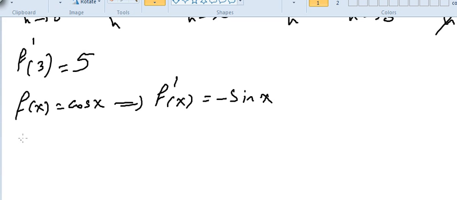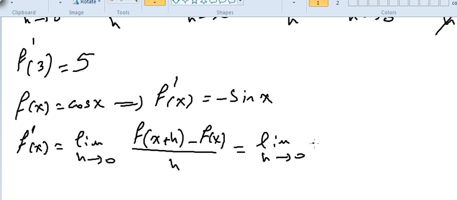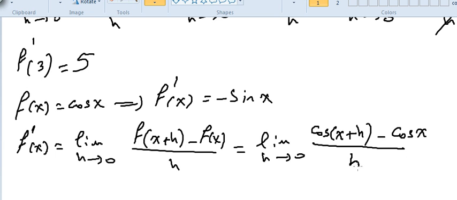Starting from the definition, f prime of x is the limit as h approaches 0 of f of x plus h minus f of x over h. So it's the limit as h approaches 0 of cosine of x plus h minus cosine x over h.